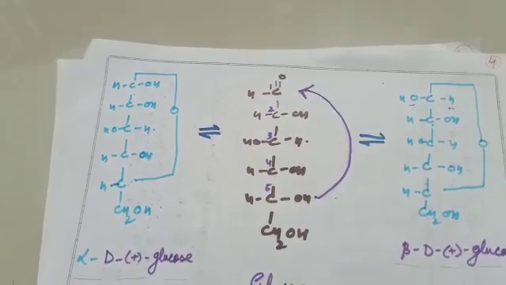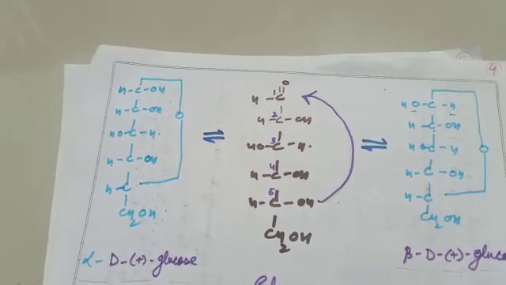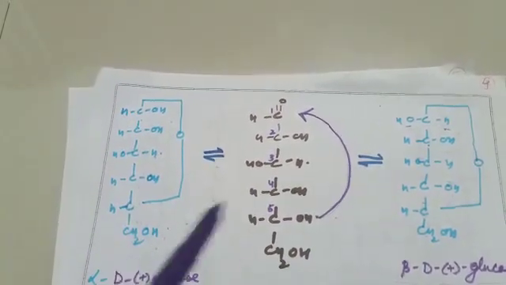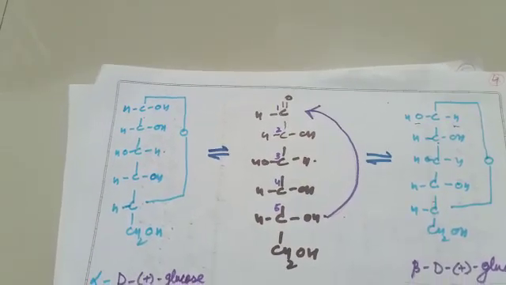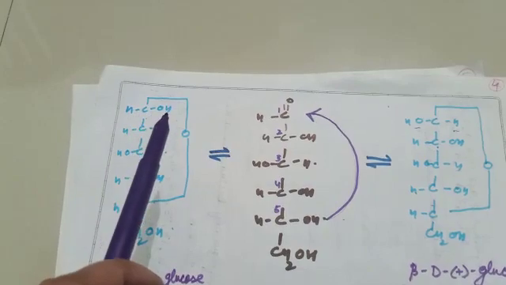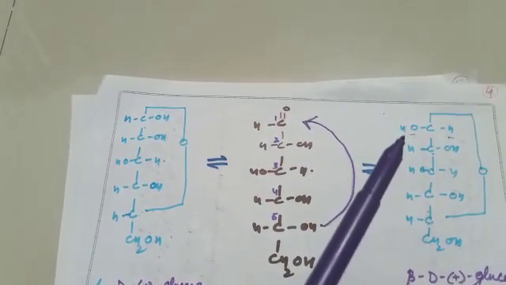Okay. Now the most important term here is anomers. What do you mean by anomer? If you see alpha and beta, the rest of the structure is similar except carbon 1, where in alpha you have OH on the right hand side and in beta you have OH on the left hand side.